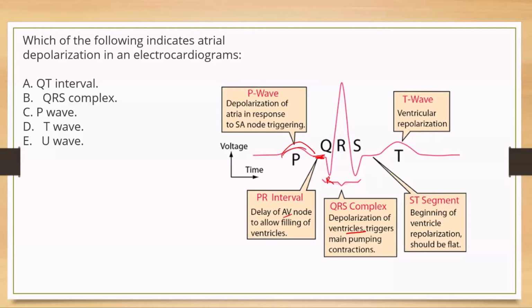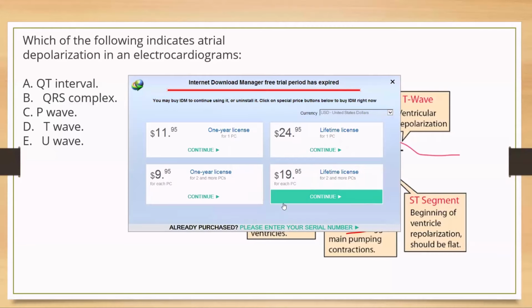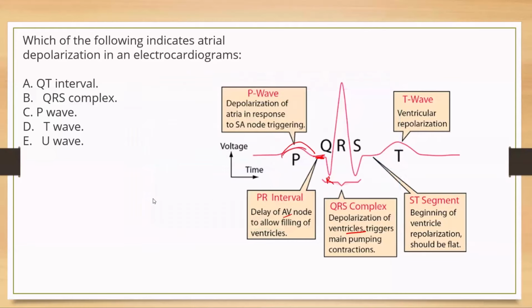It's not always present on an ECG strip. So we call it the U wave.